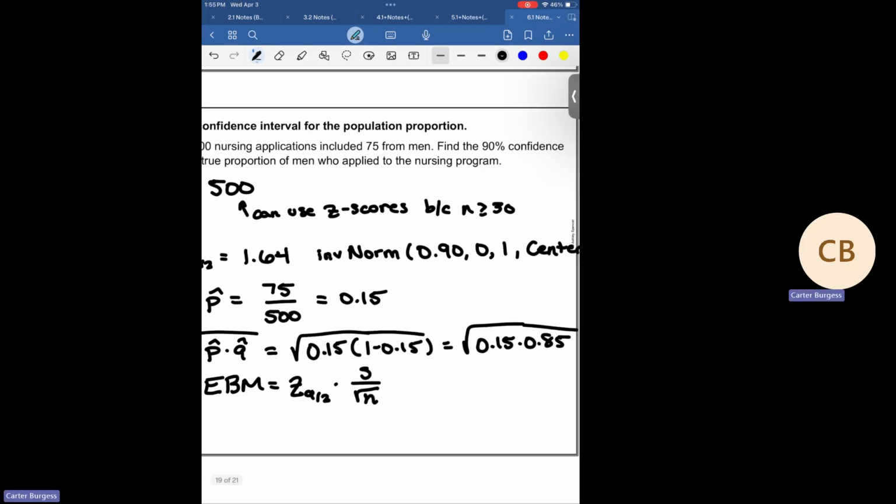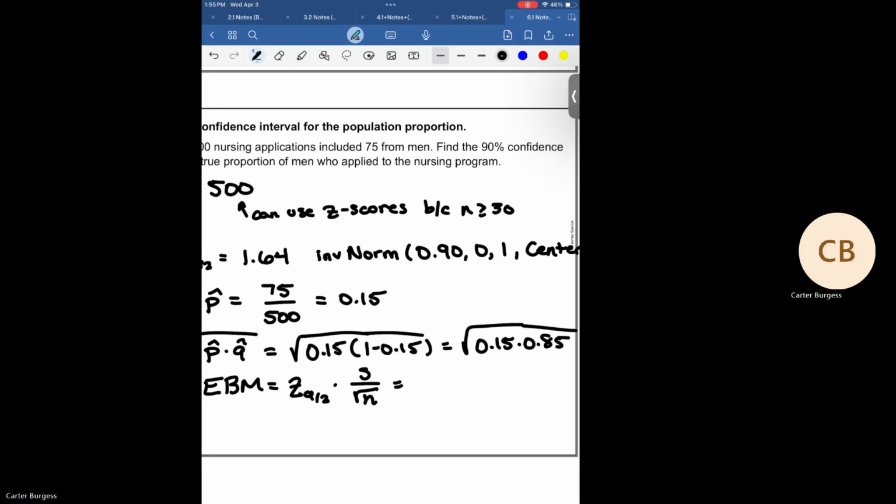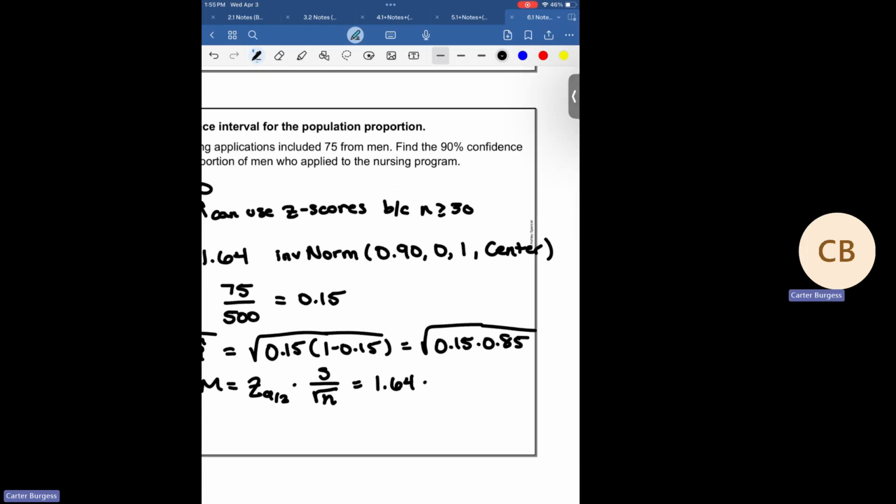What is the z-score that we found? 1.64. What is our value of s? That's what we just calculated here. So that's the square root of 0.15 times 0.85 divided by the square root of n, which would be 500.